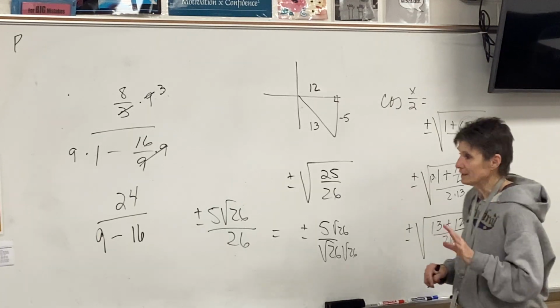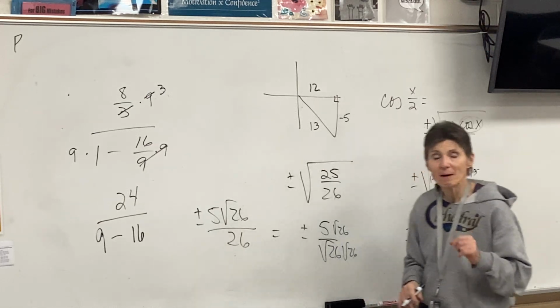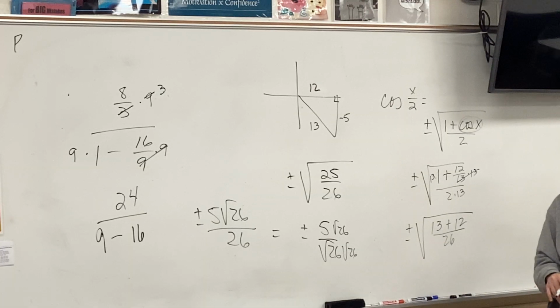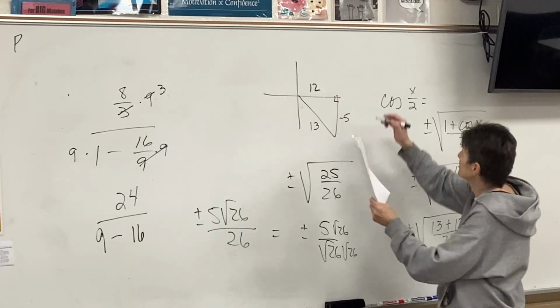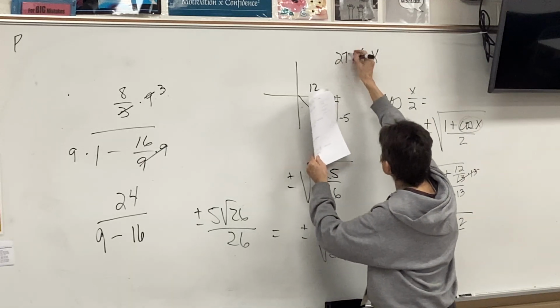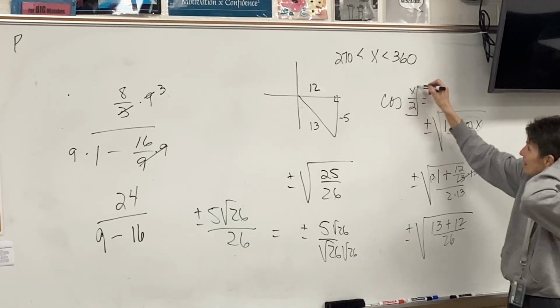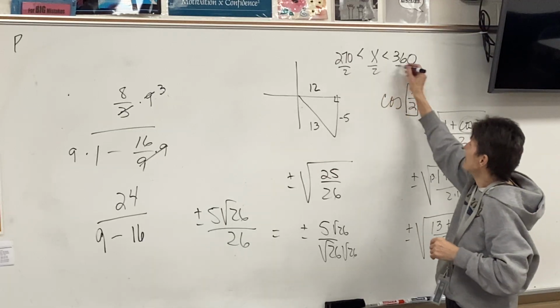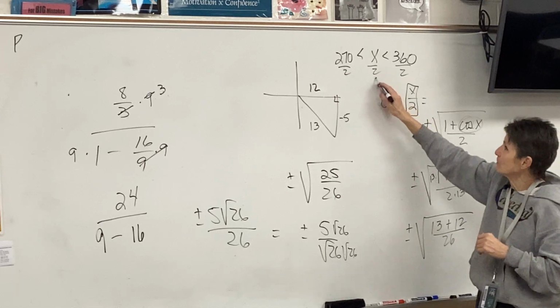Now, the only thing left is to figure out, I got my number, is this going to be positive or negative? And we talked about this a little bit today earlier. This is tricky because you have to remember that x was written down as between 270 and 360. But your problem is half of that. So you've got to cut this domain in half. So where is that x over 2?